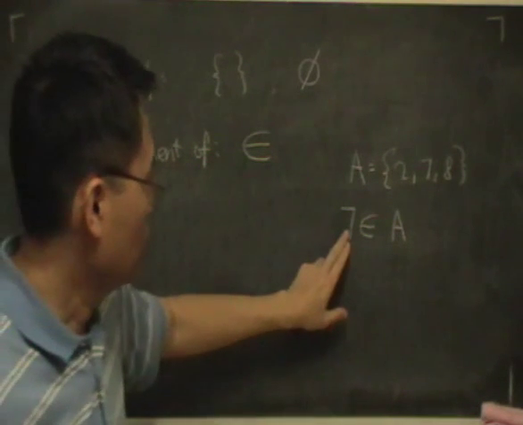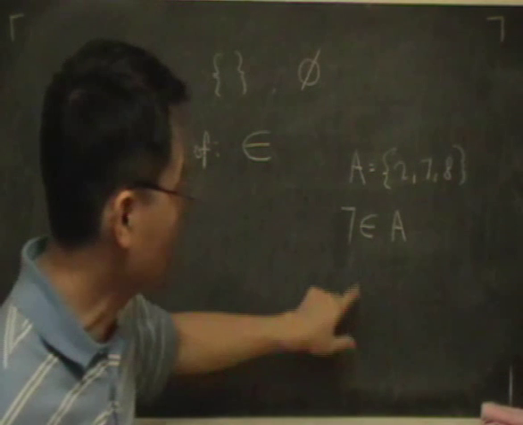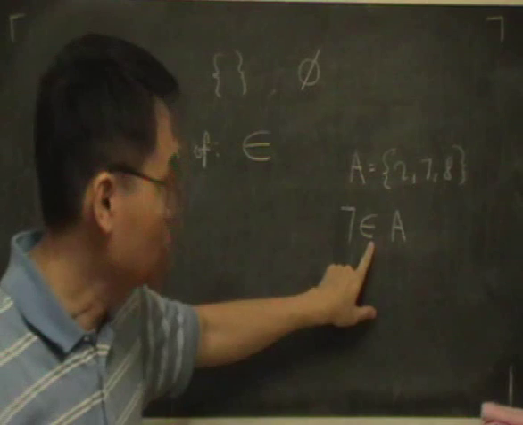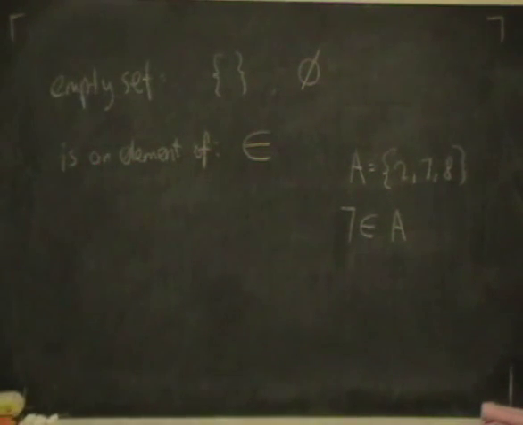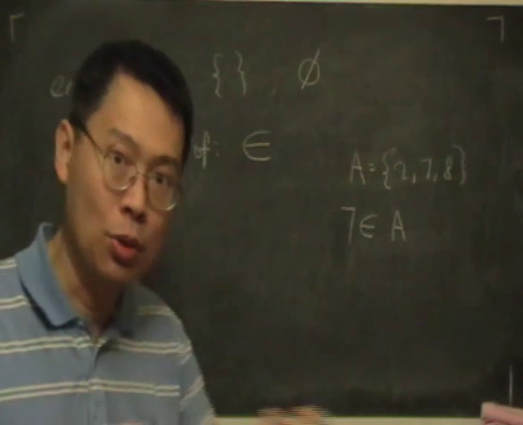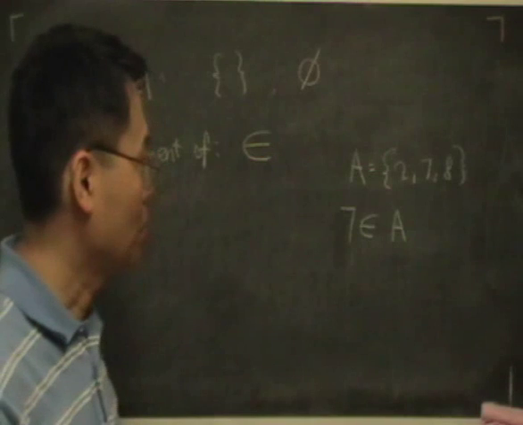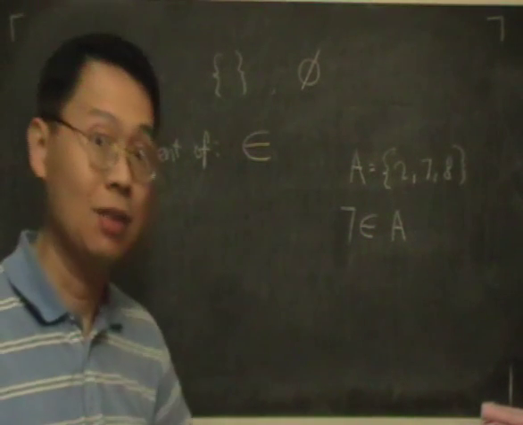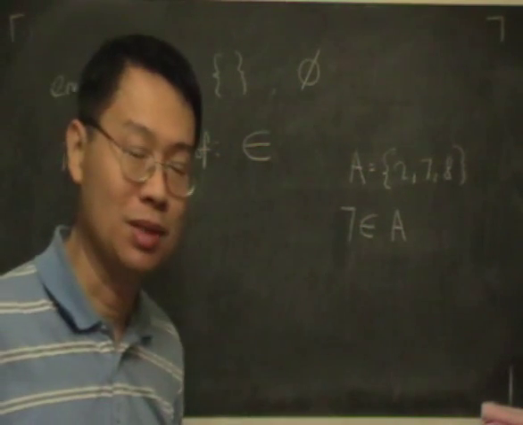Okay, so this symbol here means that 7 is an element of A. So that's what that symbol means. Okay, so rather than saying out the whole sentence, this makes things a lot simpler to write. But of course, the disadvantage is that you have to remember what that symbol means.